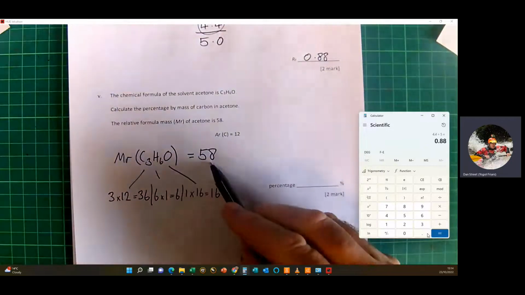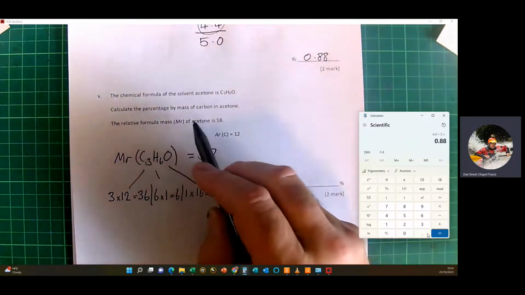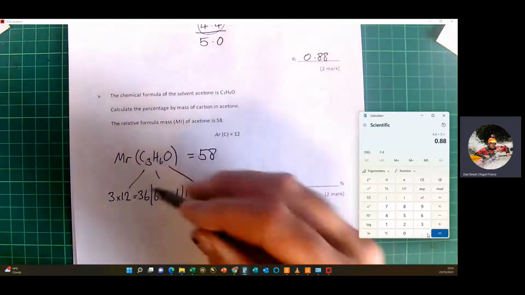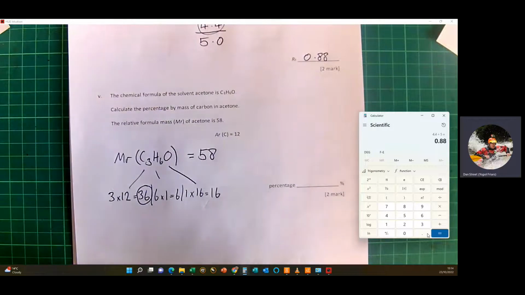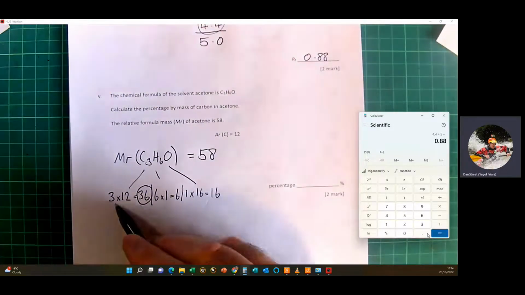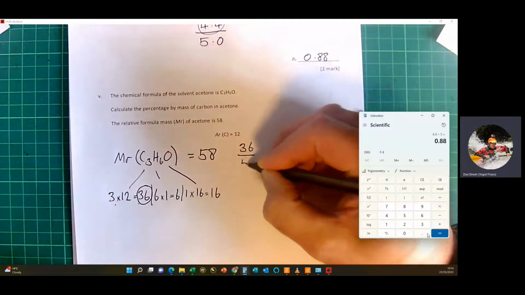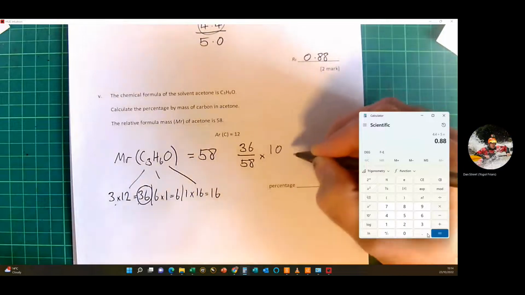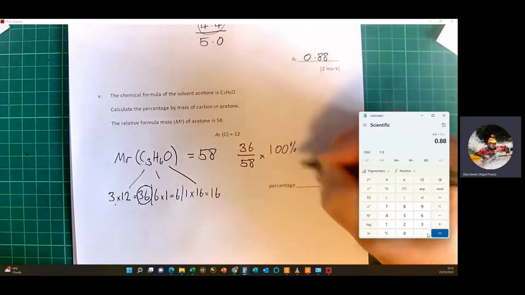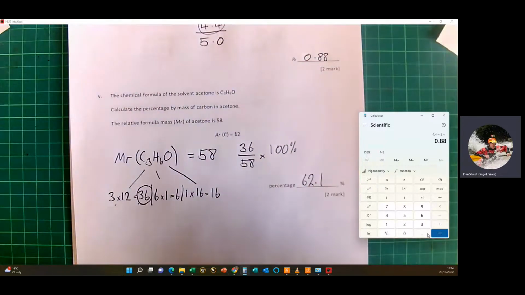So that's the Mr. And then the question asks to calculate the percentage by mass of carbon in the acetone. The percentage by mass of the carbon is the 36, because there are 3 atoms of carbon. So 36 divided by 58 times 100 is 62.1, or simply 62.